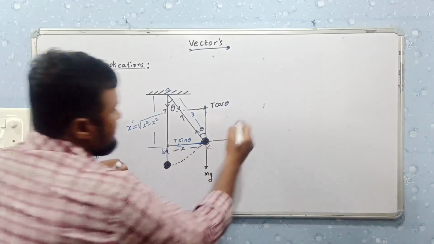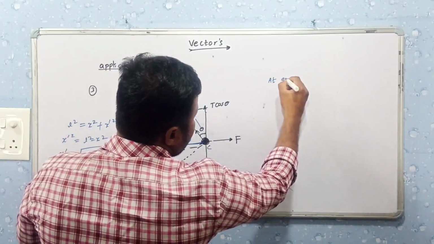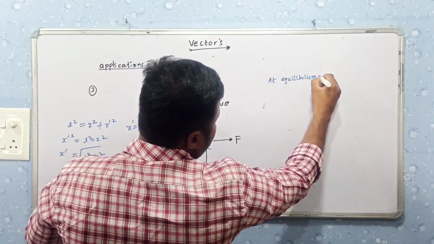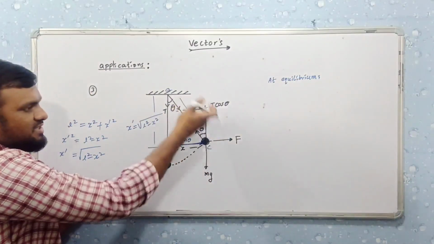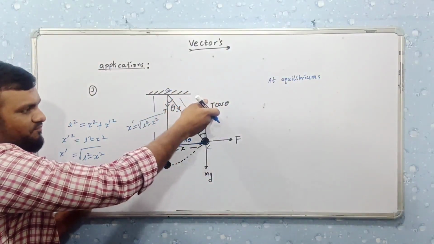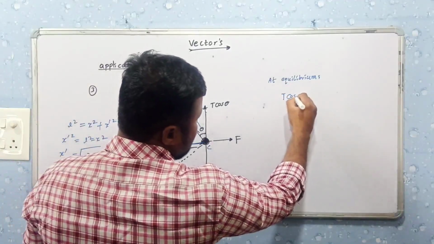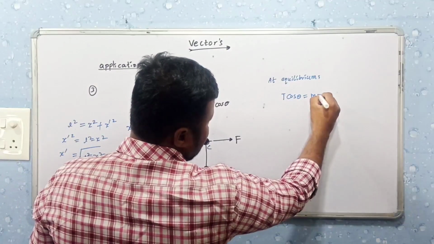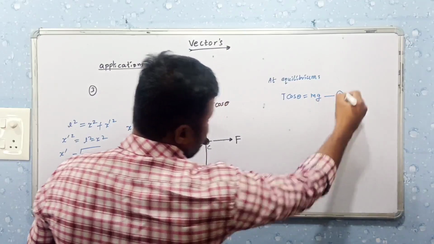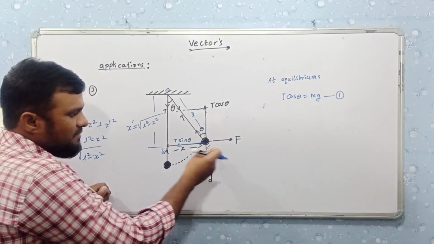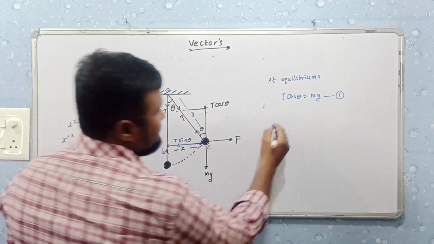Now from the diagram, observe the diagram at equilibrium condition. At equilibrium, the component T cos theta is balanced by mg. So T cos theta is equal to mg. Let us call it equation number 1, and force F is balanced by T sin theta.